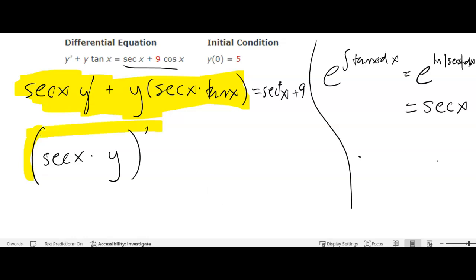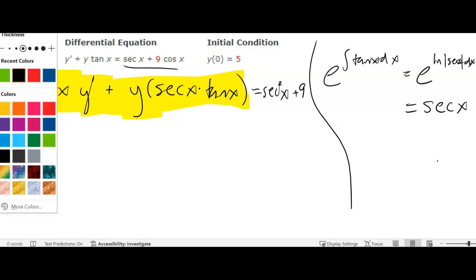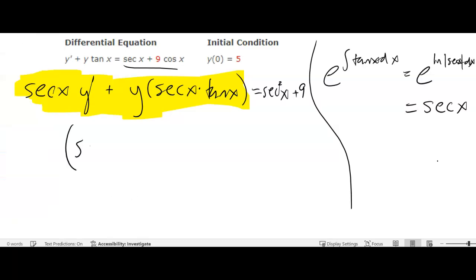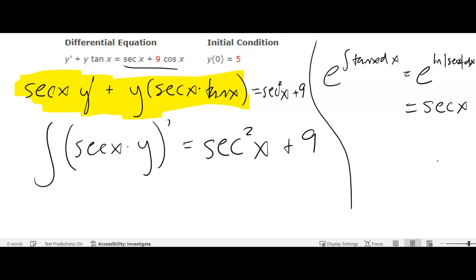What's in yellow is the same. So secant x times y, that product derivative, same thing. And then over here, I'll just rewrite this, secant squared x plus 9, and then I'll integrate both sides.